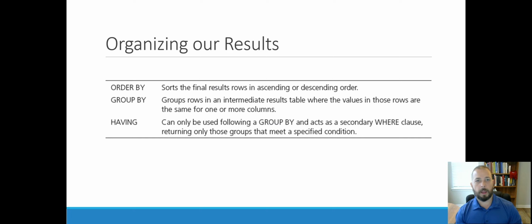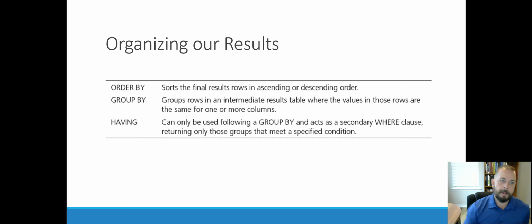The next few slides are about after the where clause has operated and you have some set of results that have come back. We can organize those results in specific ways. All right.